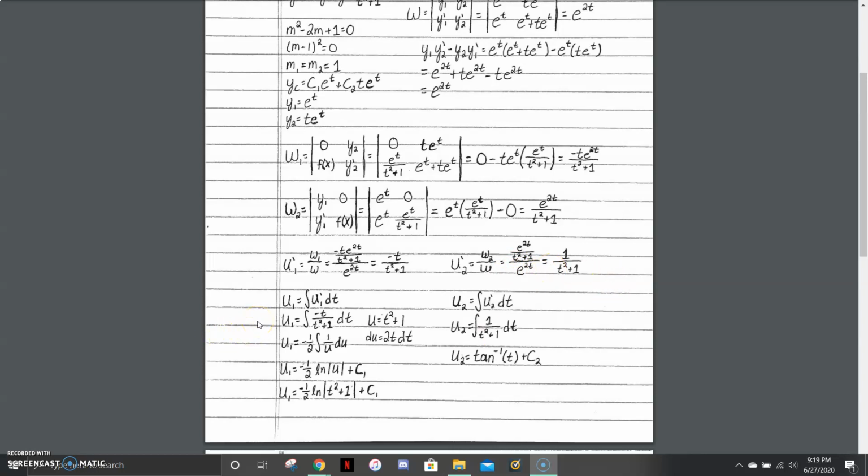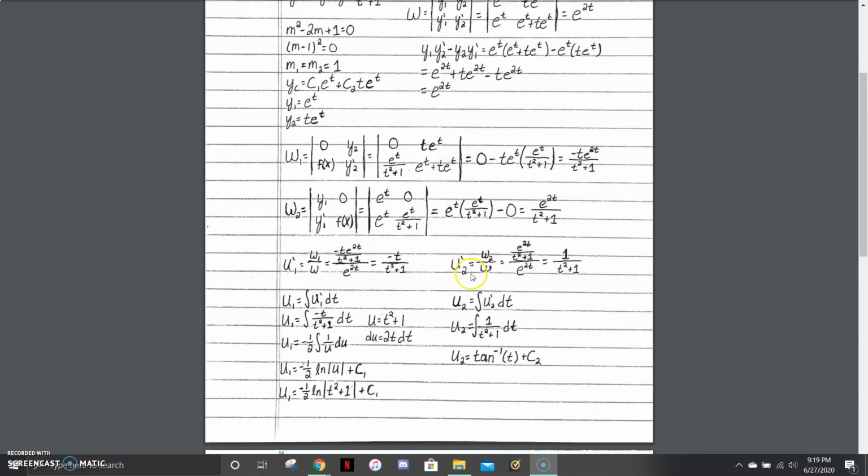So now we can solve for our u1 and our u2. So u1 is just the integral of u1 prime dt. So taking the integral of negative t over t squared plus 1, using u sub, we are eventually left with negative 1/2 times the natural log of the absolute value of t squared plus 1 plus c1.